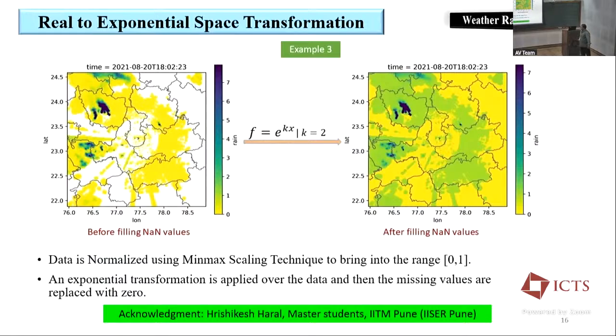Then again, actually this conversion is not always required, and in this particular case it is not required, but the students who were working jumped directly to this function and they got good convergence and a good result. But in this case it is not necessary because we are already on land, so there is not much problem. Anyway, this was done and then we converted again into the exponential space.